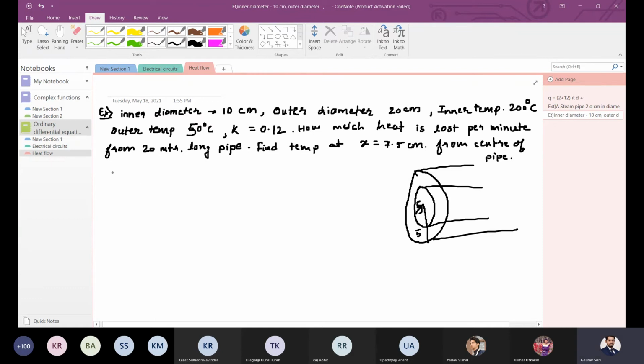So what we have is Q is equal to minus 2 pi K into x dt by dx. So Q into dx upon x is equal to minus 2 pi K dt.